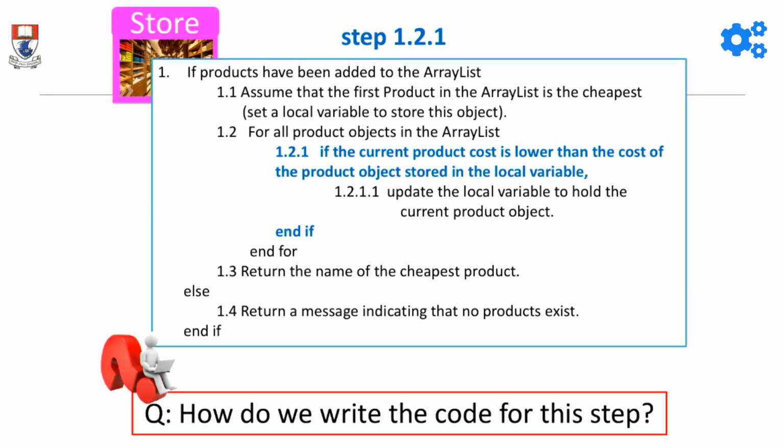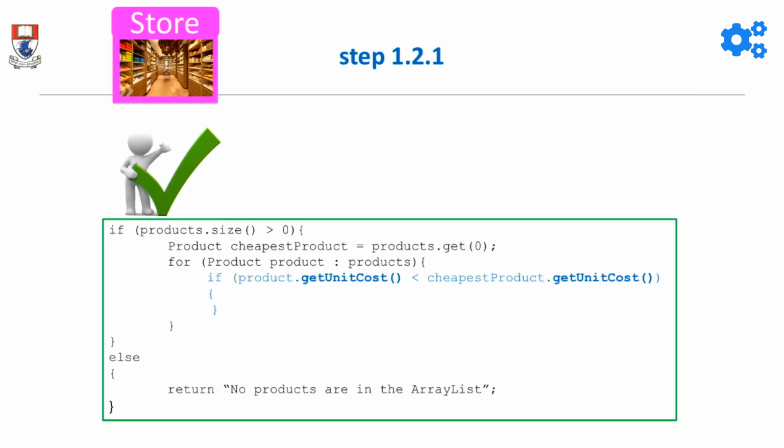Okay, so let's take a look at this code. Again, we're only focused on the blue part. Here we have if product.getUnitCost. Remember, we had a method in our products class that would give you the unit cost. If that's less than the cheapest product.getUnitCost.